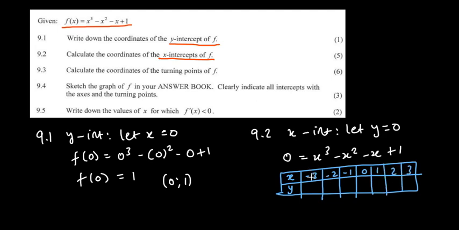Then I start substituting my x values into f and see what y values I get. For the first one, f of negative 3 would be negative 3 cubed, minus negative 3 squared, minus negative 3, plus 1.